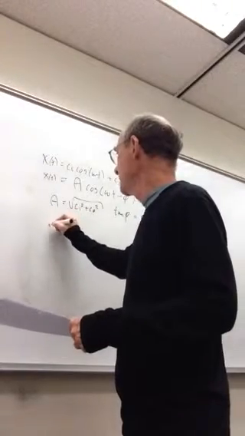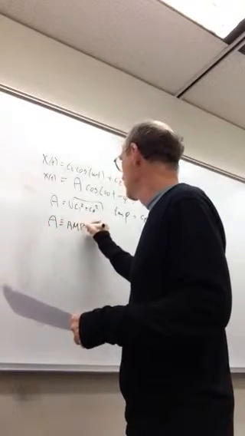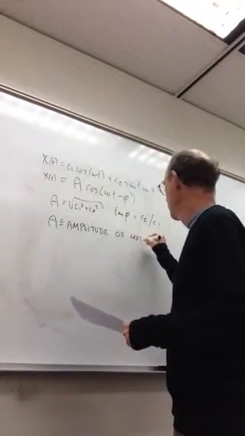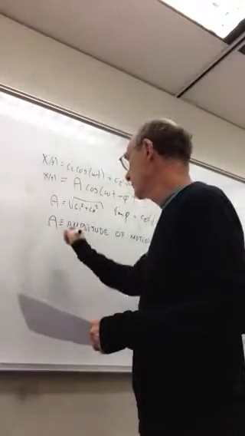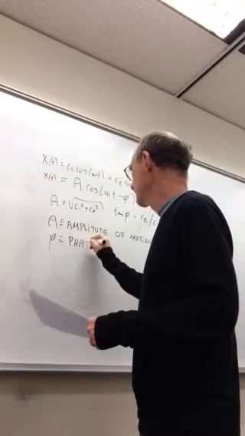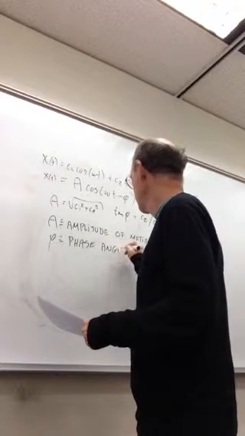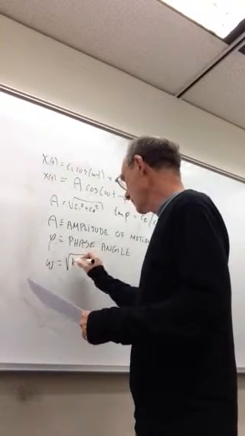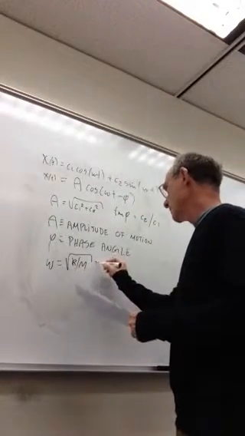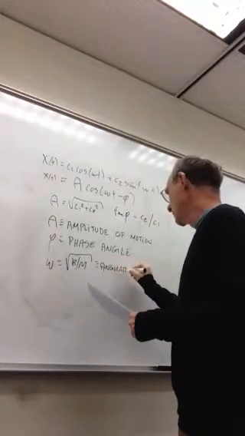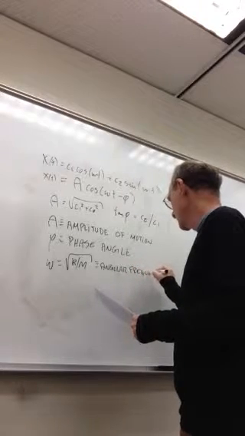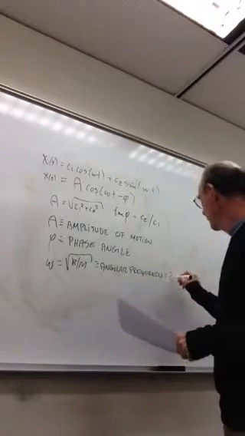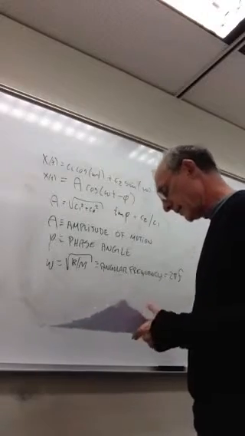So these things have a name. A is called the amplitude of motion. Phi is called the phase angle. And as we talked about before, omega is equal to the square root of k over capital M, which is the angular frequency, which we can define as 2 pi times the regular frequency, little f.